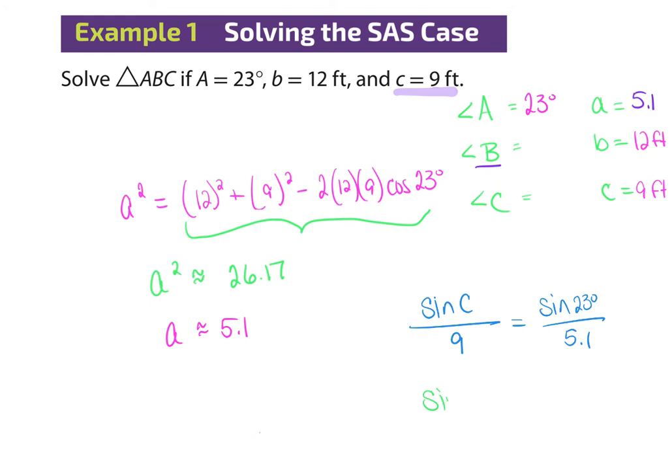So remember, you have to do inverse sine of sine of 23 degrees times 9 over 5.1. You should get that C equals approximately 43.4.